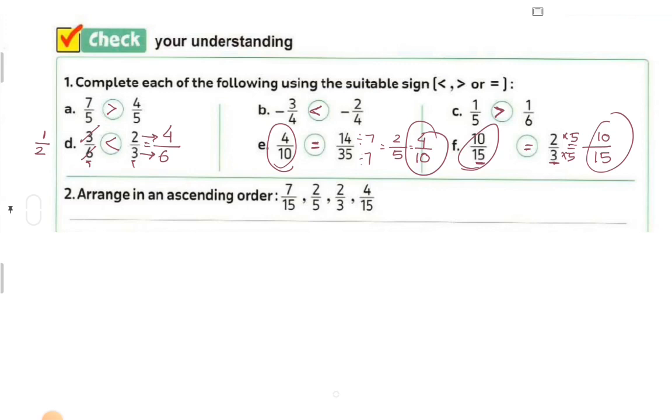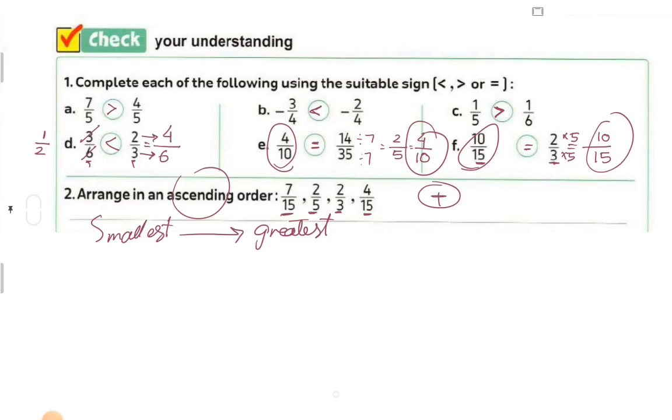Last question. Arrange in ascending order. What is ascending? Yes, from smallest to greatest, right? Okay, all these four rational numbers are positive. There is no negative. It's okay, but we have 4 unlike denominators.